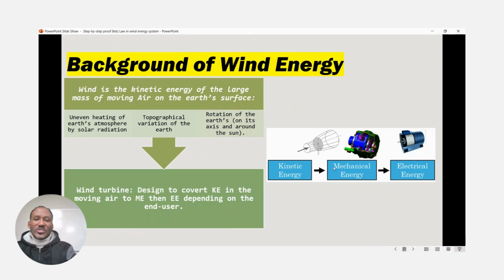As you can see from this simple schematic diagram, here we have the kinetic energy in the wind, and we have the turbine, the tool or device used to capture this kinetic energy and convert it to mechanical energy. Then we have an electric generator synchronized with the wind turbine to convert mechanical energy to electrical energy.